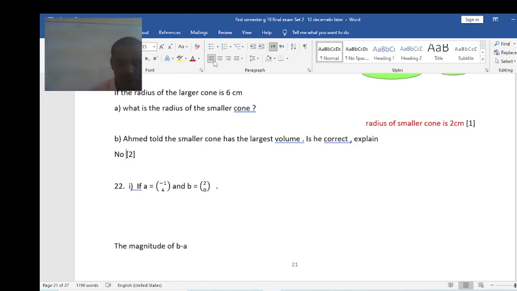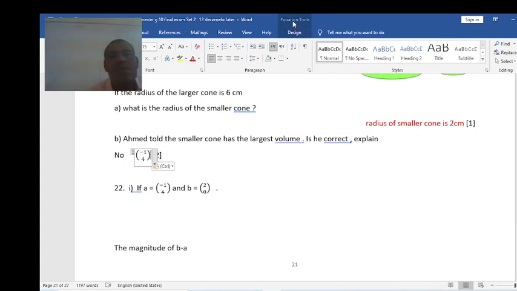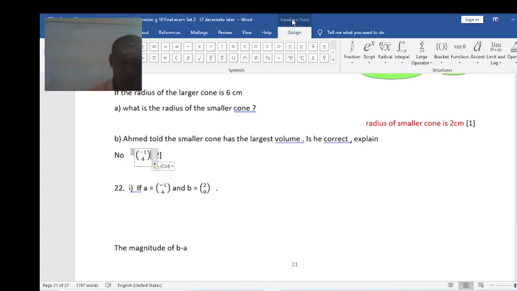Why? Simply because, I will use this equation, because I need to insert an equation. Which equation, Mr. Murad? Fraction squared.